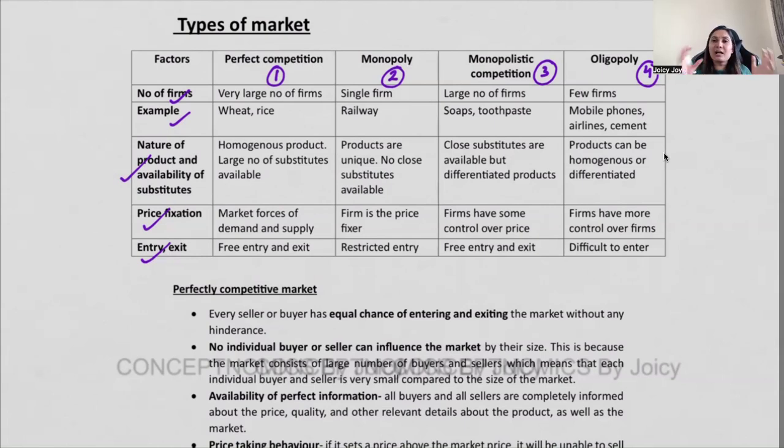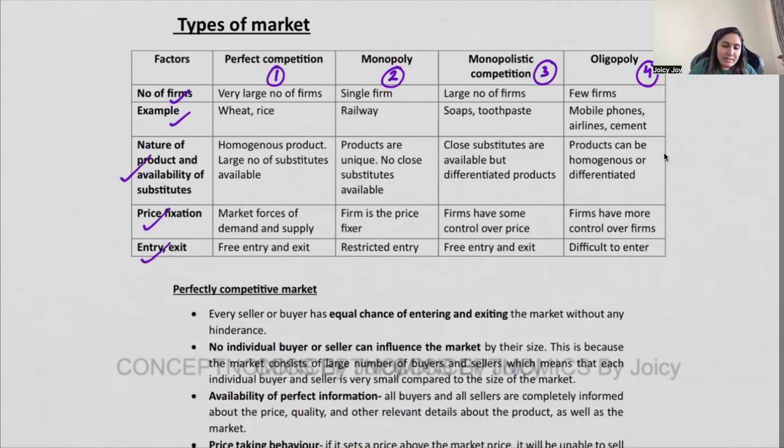So there would be a large number of firms and the consumers will have a lot of options or choices, which means there would be a large number of substitutes available. Because there are a large number of firms, it is the demand and supply which will decide the prices. Not any single firm or monopoly will decide the prices here, but it will be based on the demand and supply of that commodity.